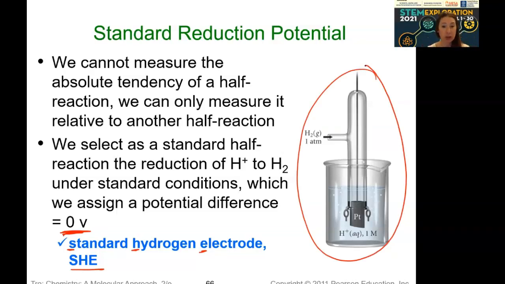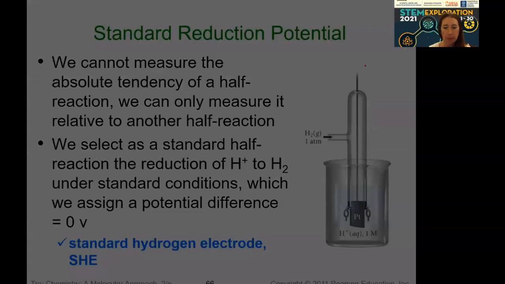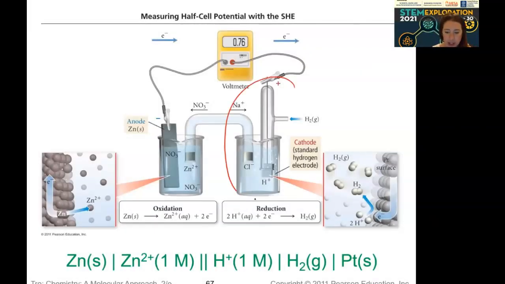So let me show you what that means. Here's our SHE right here. You can always tell your SHE because it's got hydrogen and it's got platinum right here. This is platinum, and it's the only thing that hydrogen is being bubbled through. It's an odd electrode, right? So this is our SHE, and we said this is 0.